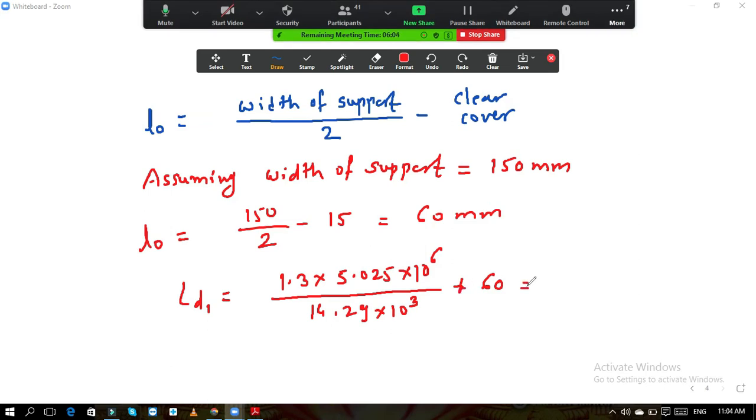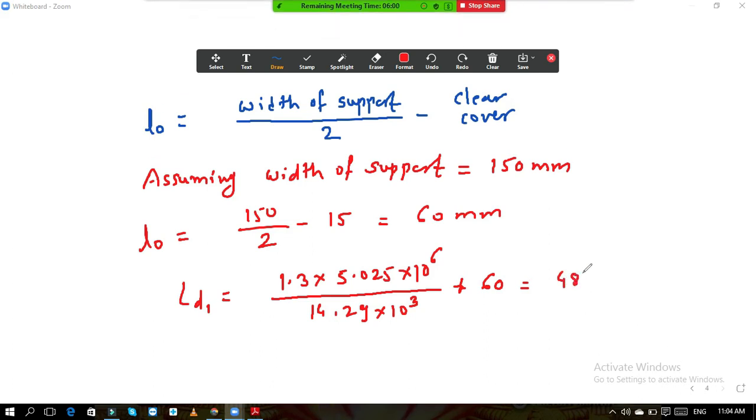So if you solve this, you will get the value as 488.92. So here our LD is less than LD1, hence it is safe.